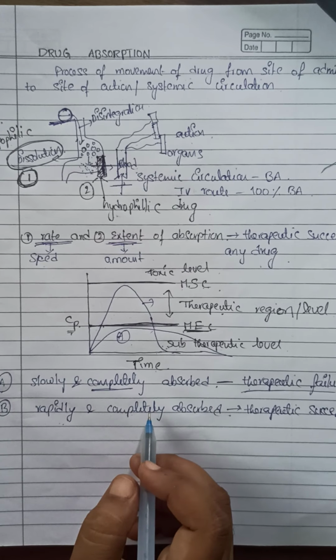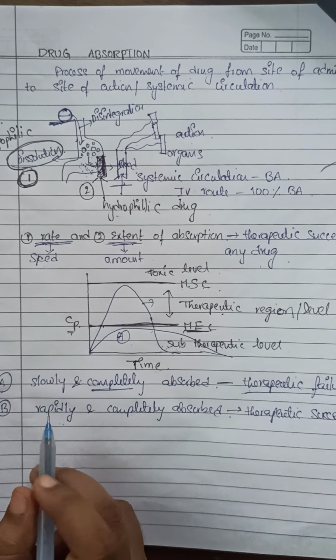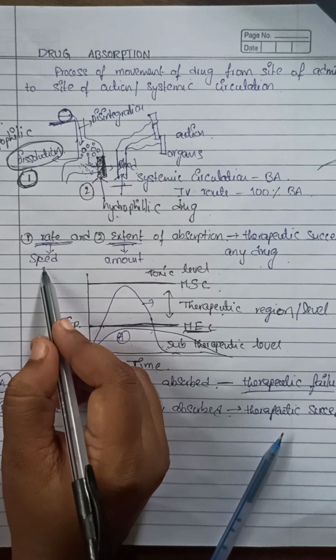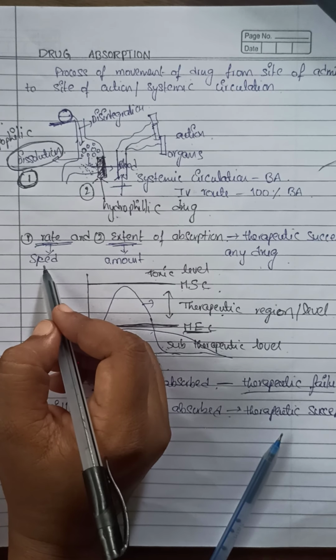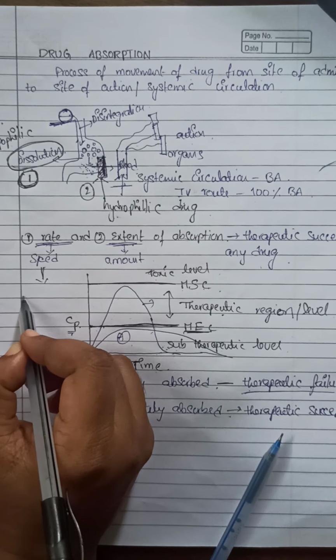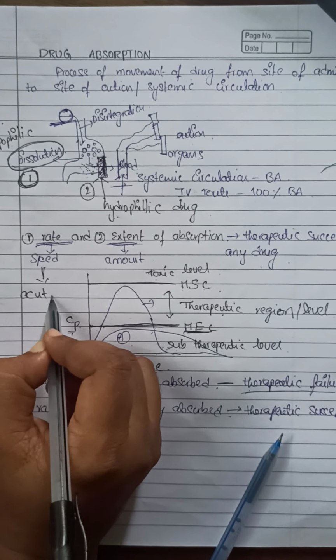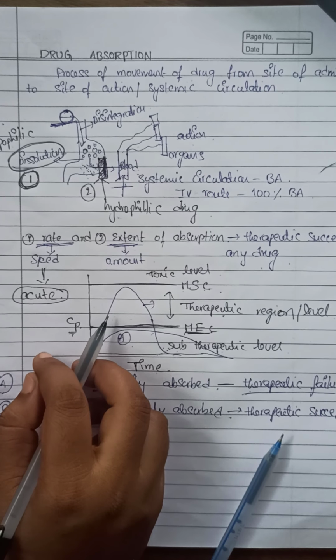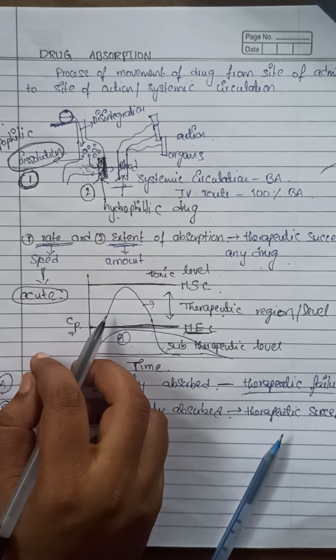And moreover, in case of rate and extent, if it is rapidly absorbed, the rate of absorption is important in case of acute conditions. Mostly the diseases are of two types: acute diseases and chronic diseases.